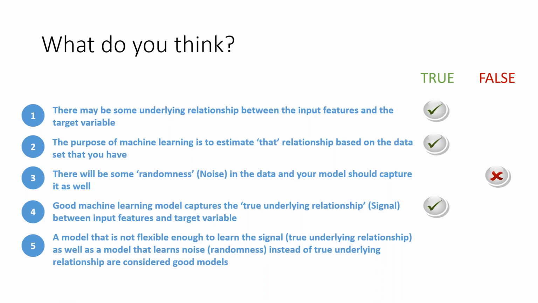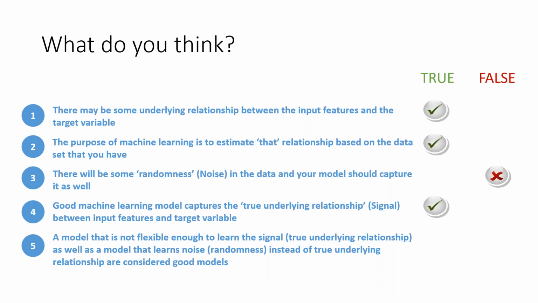False. One is not understanding the signal itself, that is too simple. We are not at all giving flexibility. And on the other side of the spectrum, it is understanding randomness also and making it very complex. It is having too much flexibility to understand the data. Then both of these models are not good models.